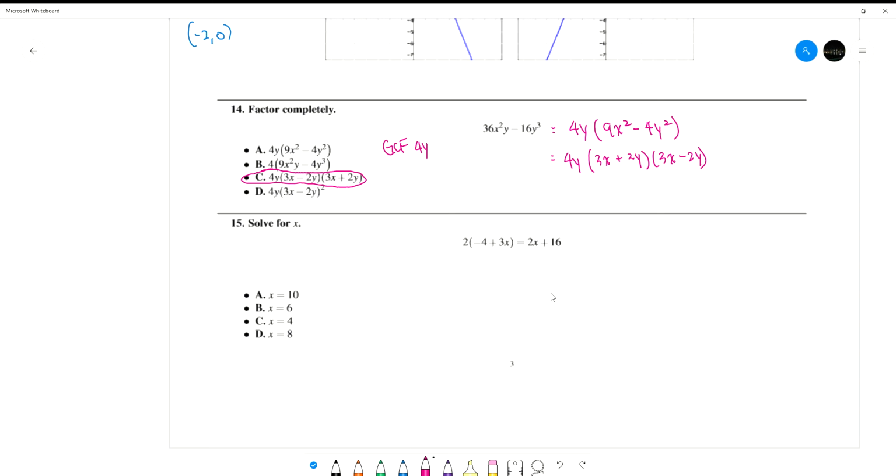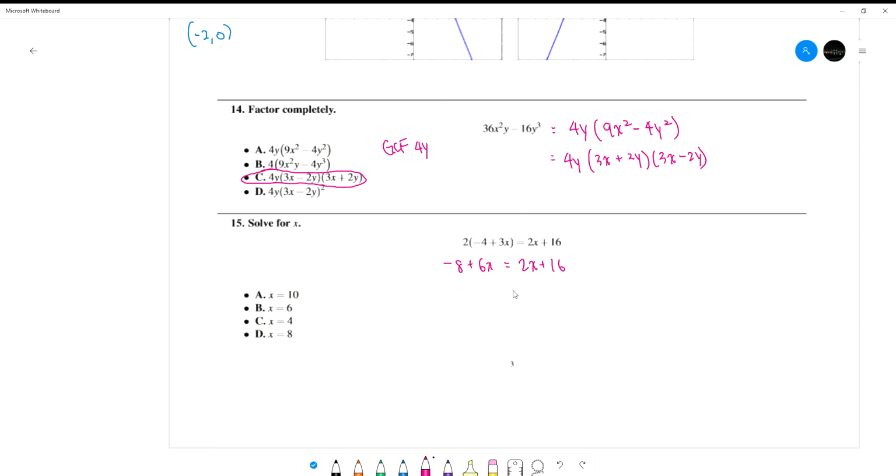All right, number 15. We have to distribute, right? This 2, we get negative 8 plus 6x is equal to 2x plus 16. So this is a one variable linear equation, so I need to have all the x's to the left and non-x's to the right.